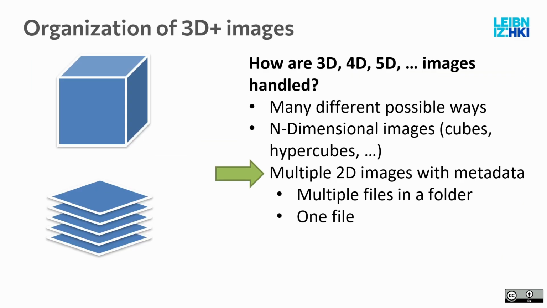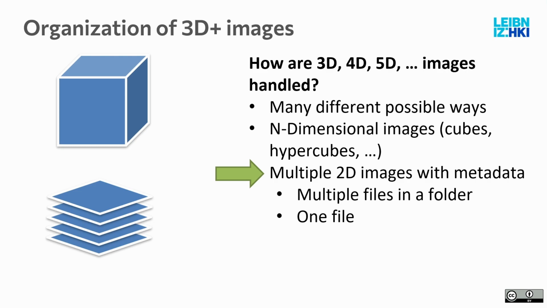And that's why we look at it now, because you can create 3-dimensional data, but it's good to know how the computer actually handles those and how they are saved. So you get sometimes 4-dimensional, 5-dimensional, whatever dimensional images, and there are different ways how you can store them. And you can imagine, okay, can I store them as a big, large chunk, like a cube or hypercube? You can all index this.